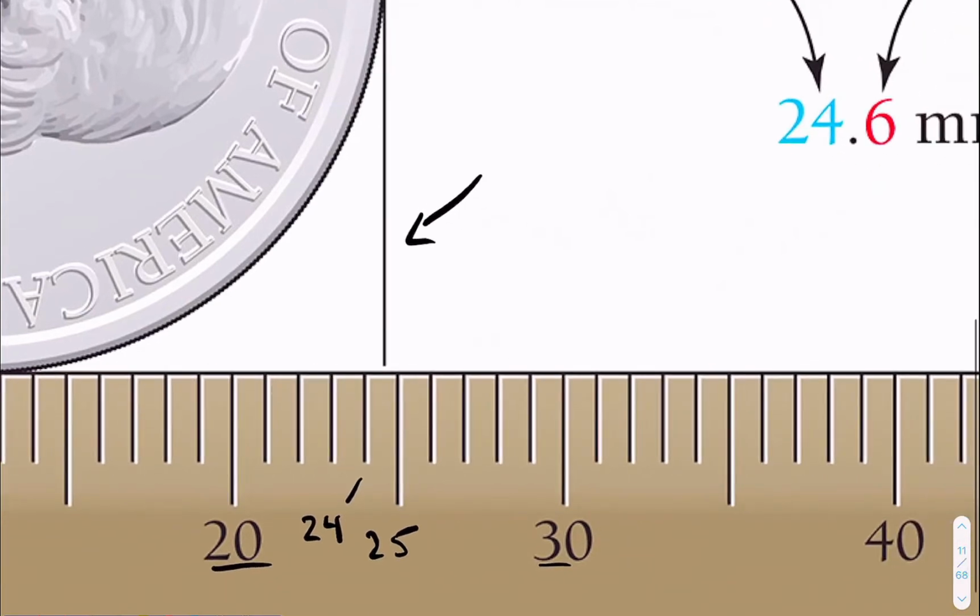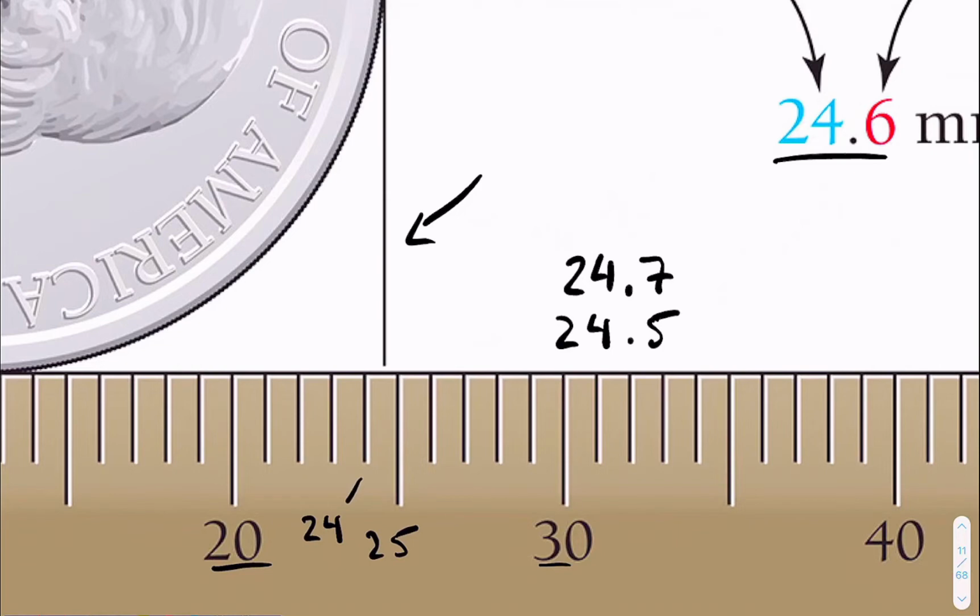Here the answer they've got is 24.6, but we could say it could maybe be 24.7, or it could be 24.5. Maybe not 24.5, it looks a little farther back, but we can't estimate any farther than that.